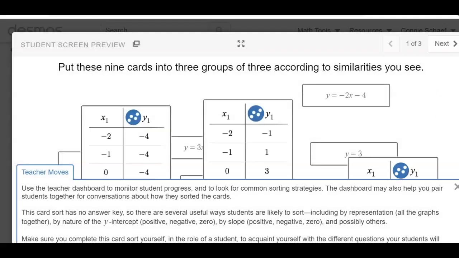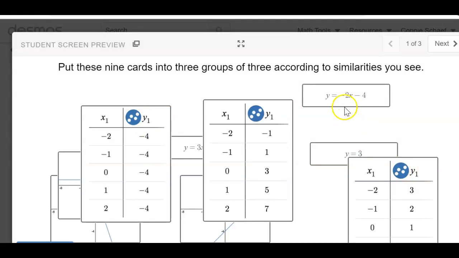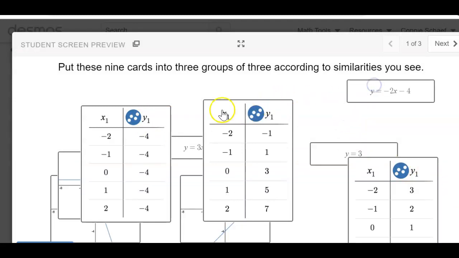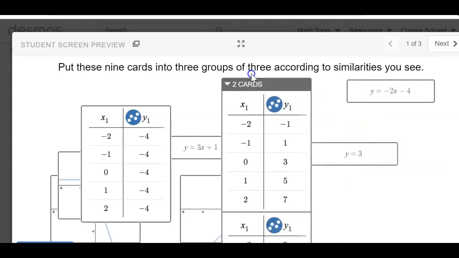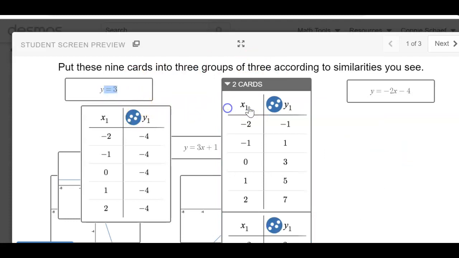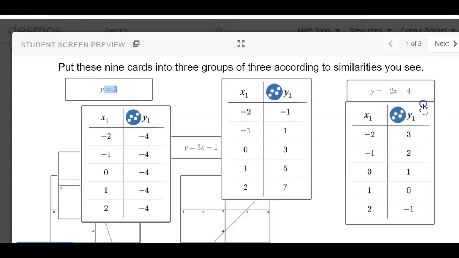Here's the student preview, to show you again what this looks like. So this is very similar to what we had earlier. Here's your equation. Then they can find the card that goes to it. You wouldn't match two equations together. So they've got to find the card. Those are popped together, so you can pull them apart.